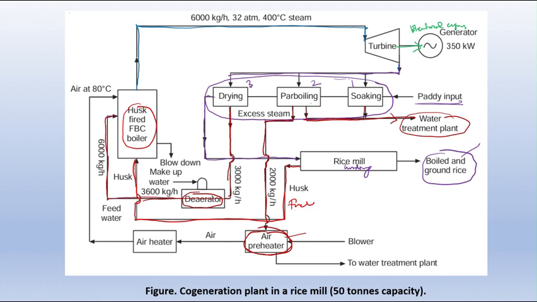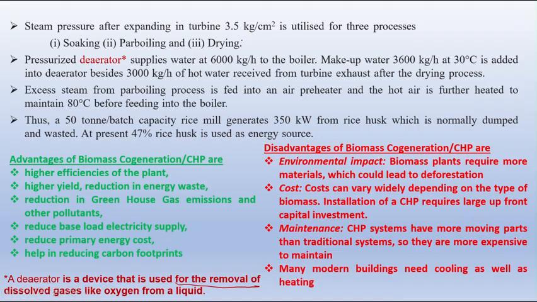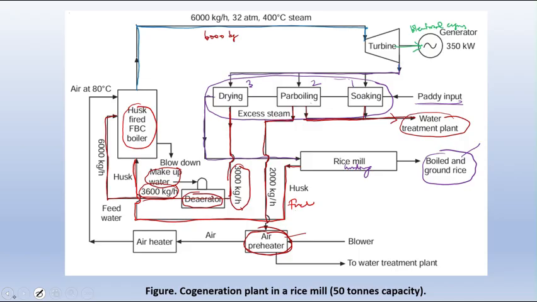Here in the deaerator, 3000 kilogram per hour of steam comes after the process, and again we are giving 3600 kilogram of water as makeup water, called feed water, to compensate. Out of the 6000 kilogram per hour of steam going to the process, 3000 is fed back into the boiler.